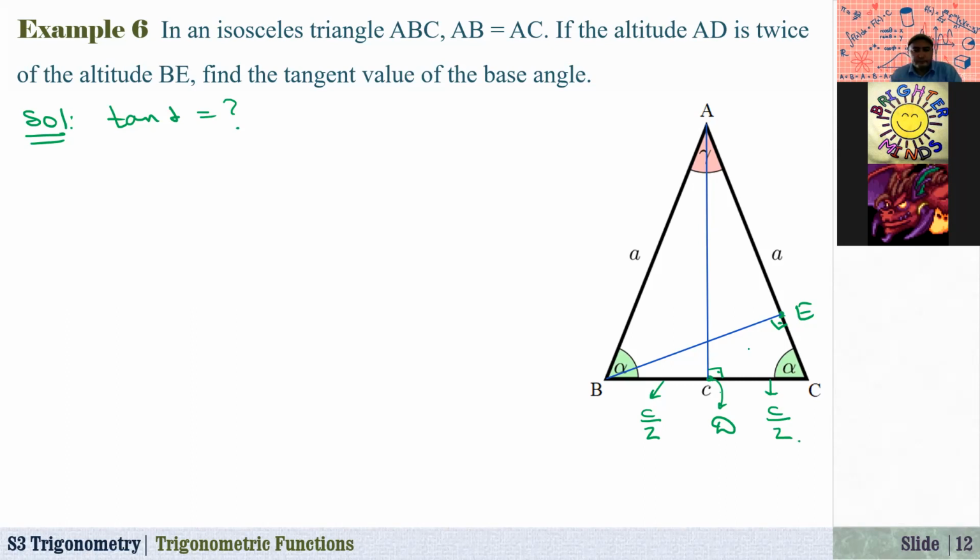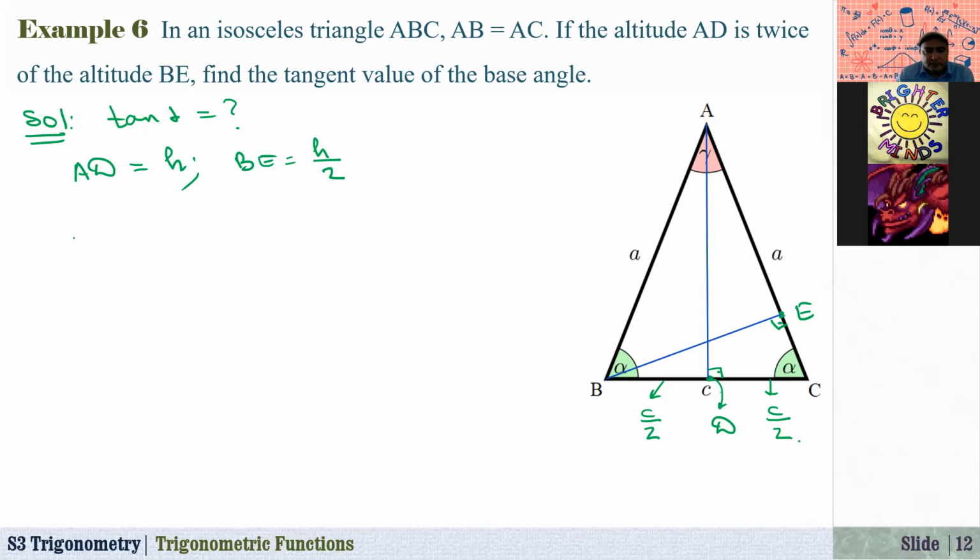All right. Let me just do something here. Let's say AD is equal to H. It says AD is twice of the altitude BE, so BE must be H over 2. Okay, so now from here, we can just write the relationship.